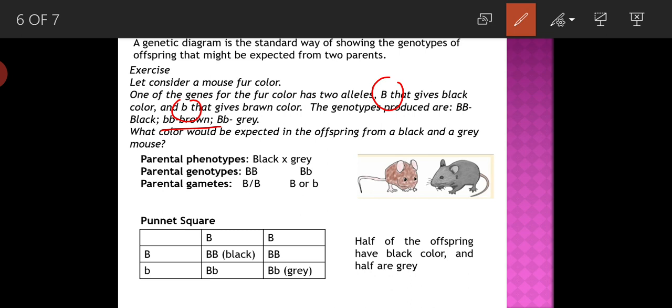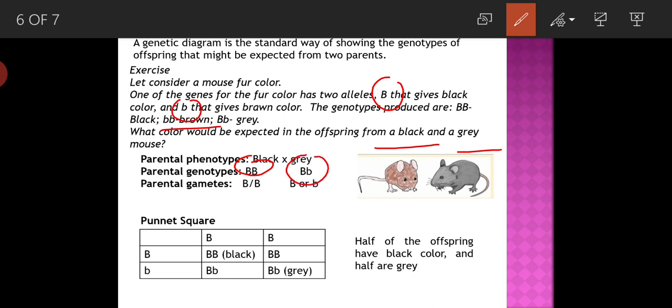The exercise asks us to predict what color would be expressed in the offspring if one of the parents is black and one of them is gray. So we have a cross between the parental genotypes of two large B letters and two letters which are different from each other.